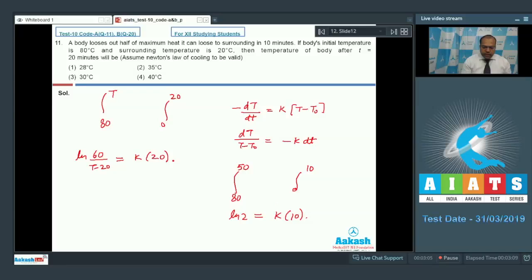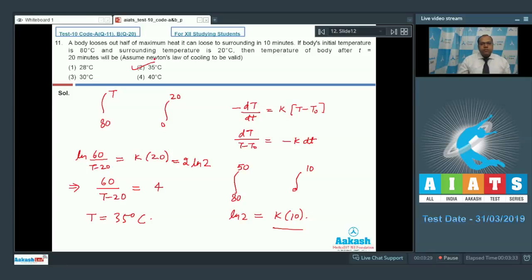This can be further written as 2 into K into 10, and the value of K into 10 can be replaced from here, that is 2 into ln 2. So on comparison, 60 divided by (T minus 20) comes out to be 4, and on further solving, the value of T comes out to be 35 degrees Celsius. So option 2 is the correct answer.